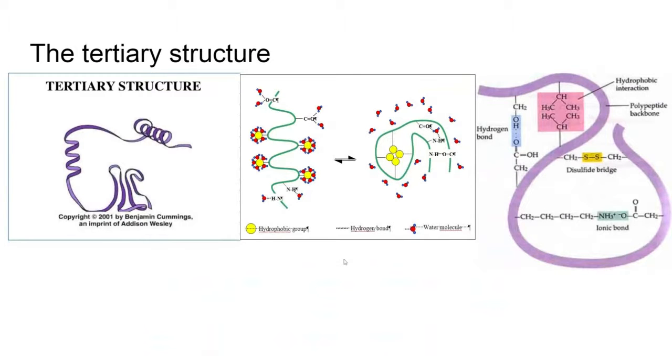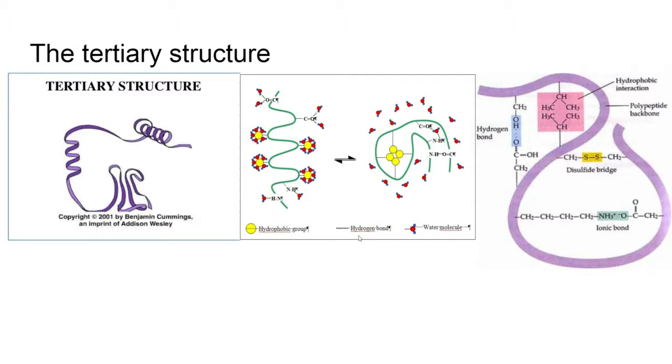The tertiary structure, that is the 3D structure of the polypeptide, and this is determined usually by the R group. So we have 2 types listed over here.